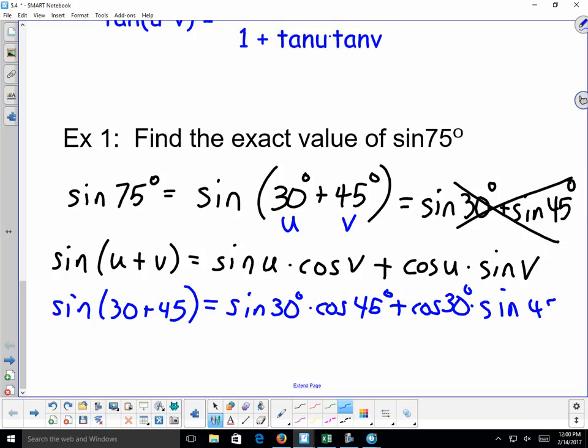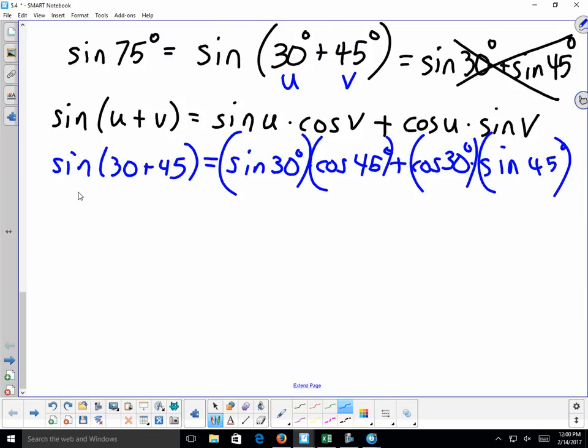Is everybody okay with that? So what is the sine of 30? What's the cosine of 45, and so on? What's our answer going to be for this? You're looking at your unit circle, or maybe you just know this. What's sine of 30 degrees?